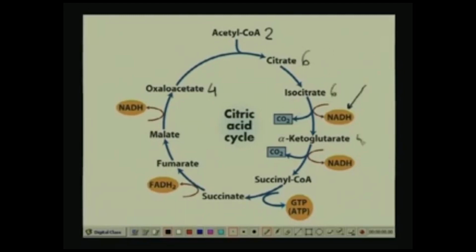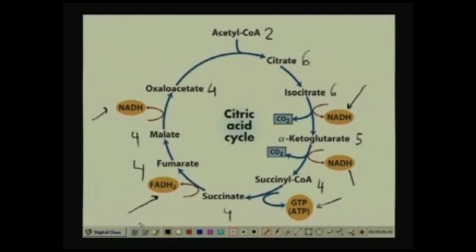We've lost 1. 5. Lost another one. 4. 4. 4. 4. How many NADH do we have? 1 NADH, 2 NADH, 3 NADH. How many ATP? 1. GTP is converted to ATP because guanine and adenine are both purines, and we have one FADH2. So that's our count.